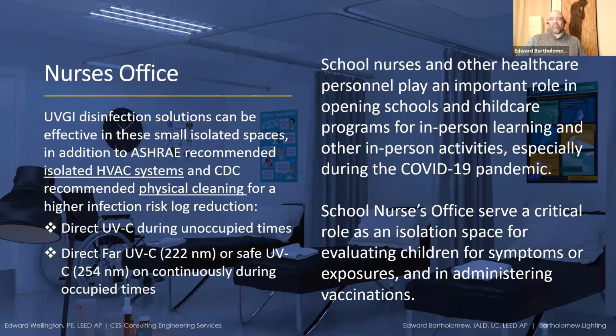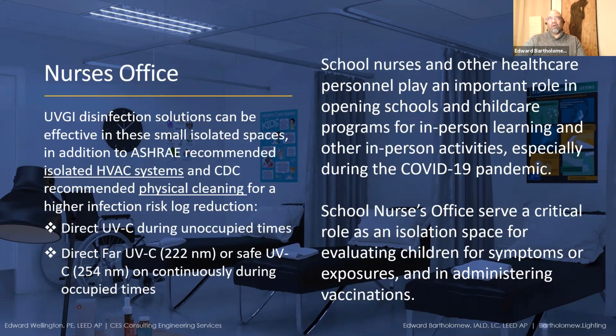Nurses' offices are incredibly critical, both for evaluating students and administering vaccines. They're incredibly important, and these spaces need to be cleaned more often. They're a high touch area, a place where infections can show up and be concentrated.